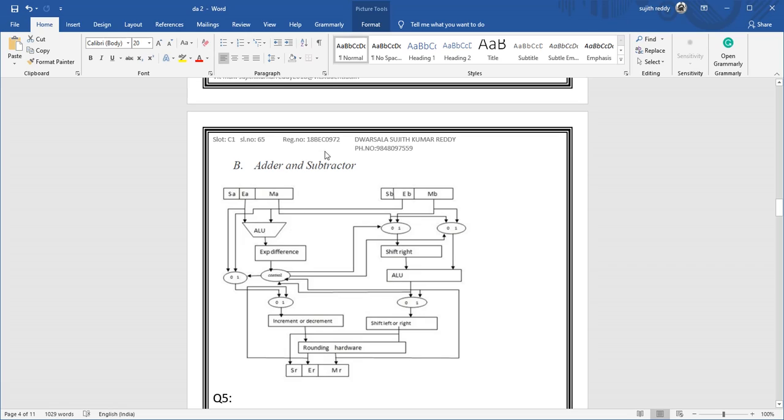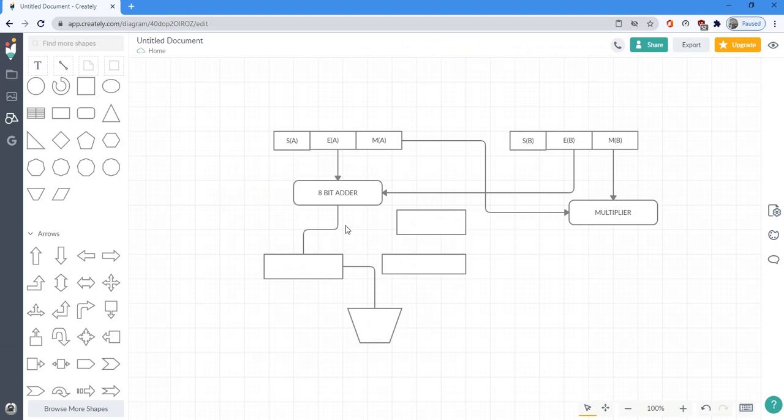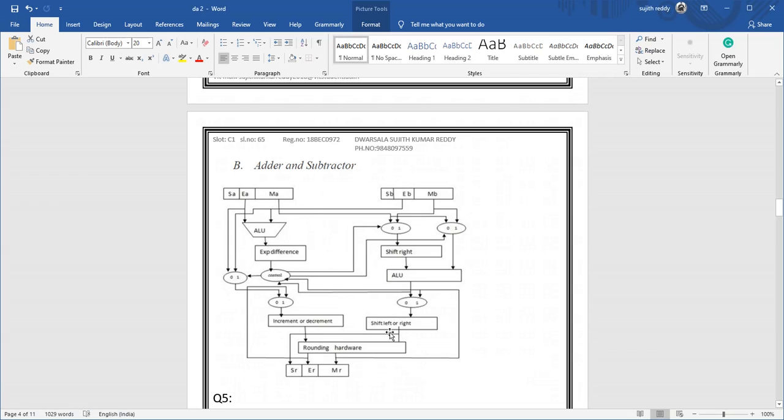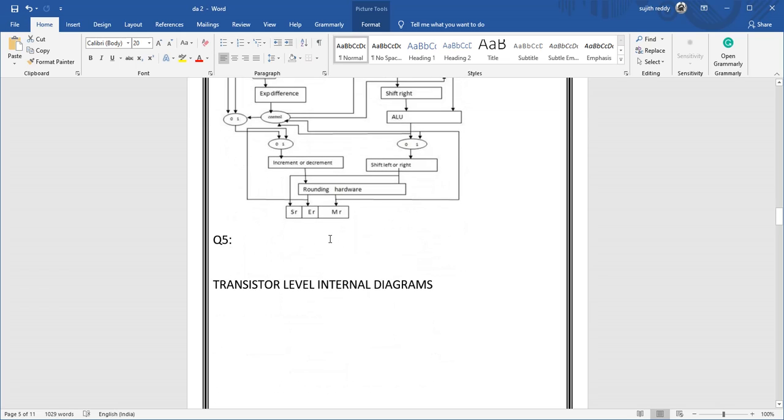Even the adder and subtractor you can draw the same way. Just select a table as we did for the earlier diagram. You can partition it, copy and paste it, and continue drawing the complete diagram using the arrows provided in Creately. So let's get to question number five.